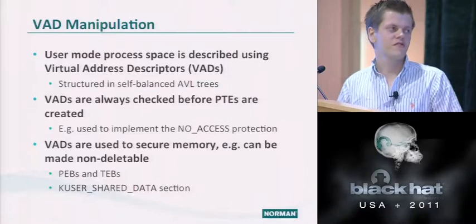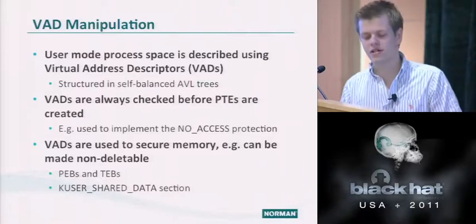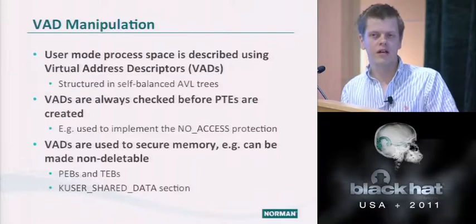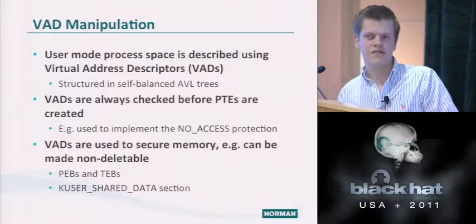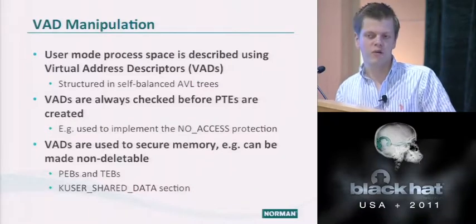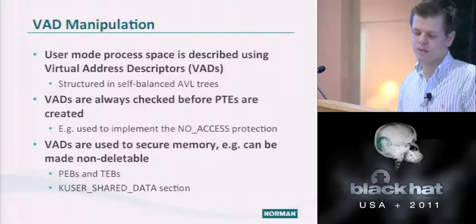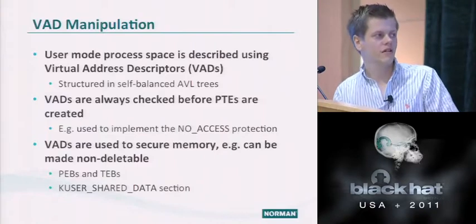This is, for instance, the way that Windows implements the no access protection. VADs are also used to secure memory, and they can be made non-deletable. For instance, the process environment block and the thread environment block use this feature to prevent you from deleting the mapping. It's also used on the KUSER_SHARED_DATA section.